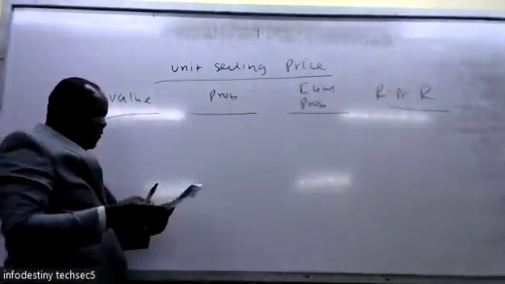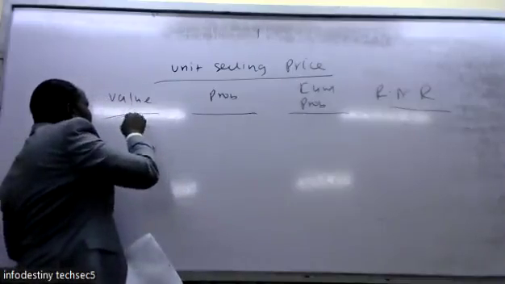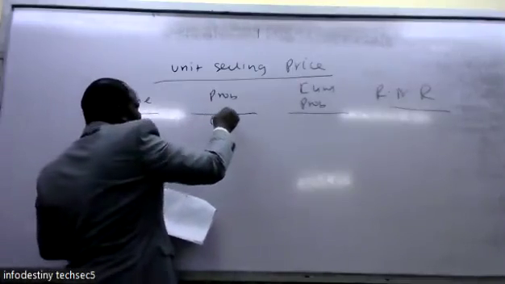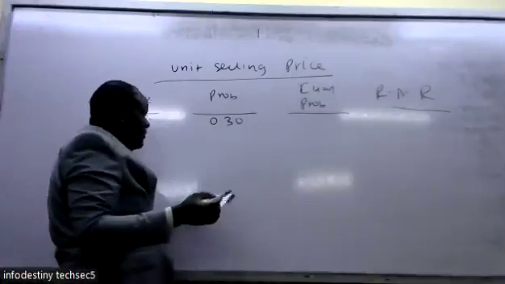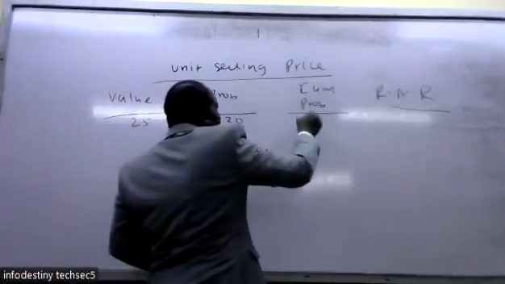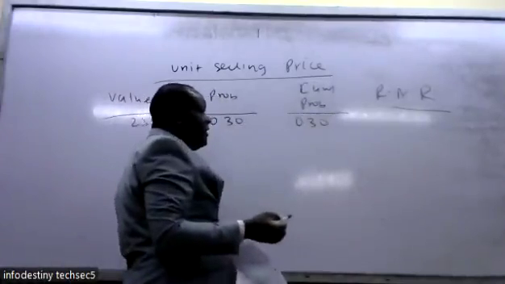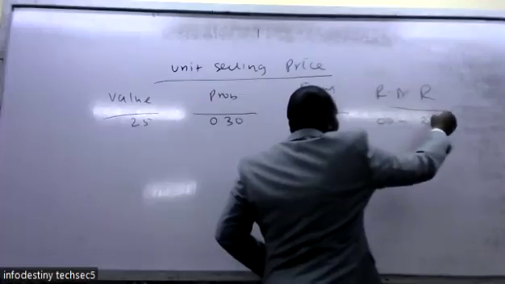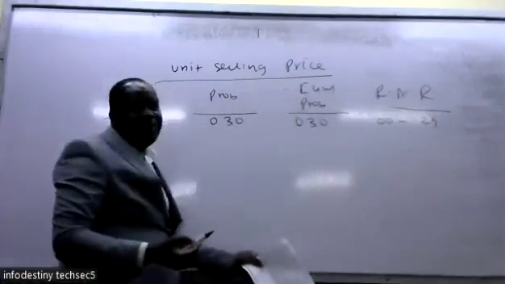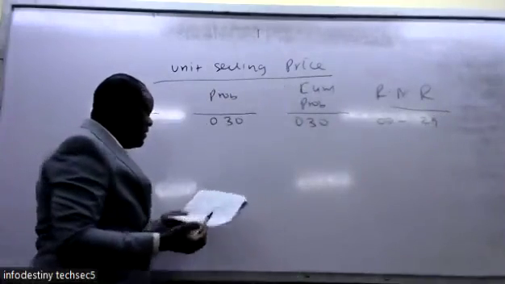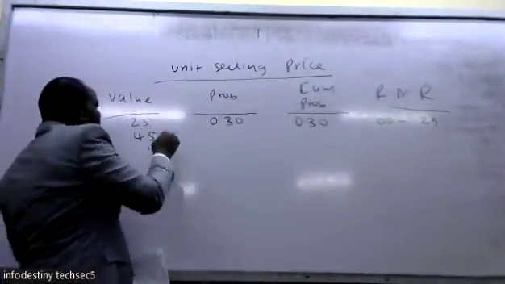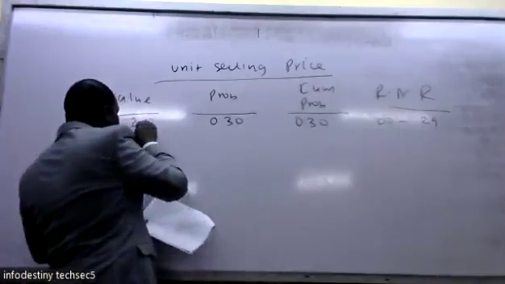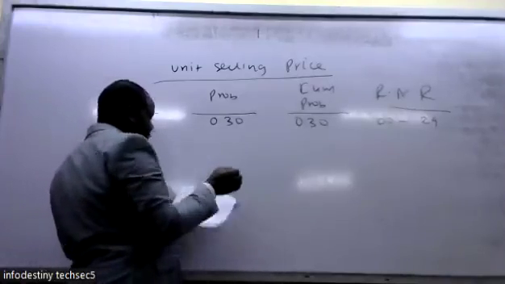So the value for the first one, you can see 25. Probability is what? 0.30. So cumulative will still remain 0.30. So the range will start from 00 to where? 00 to 29. The next one is 45. So for 45, they gave us a probability of 0.5.